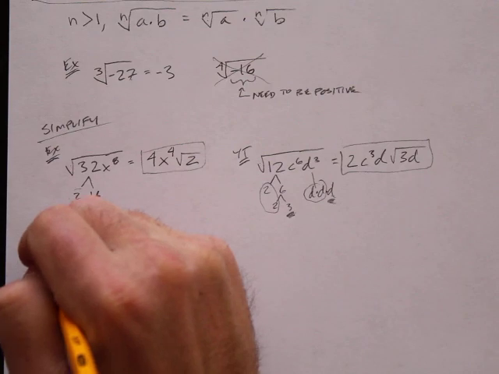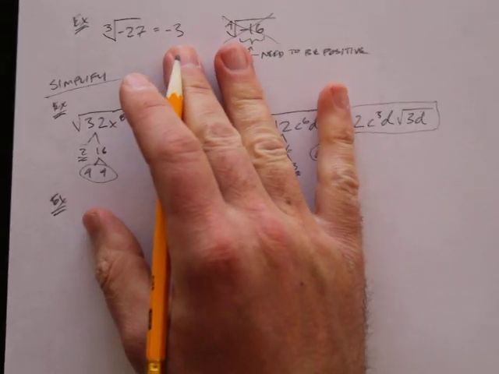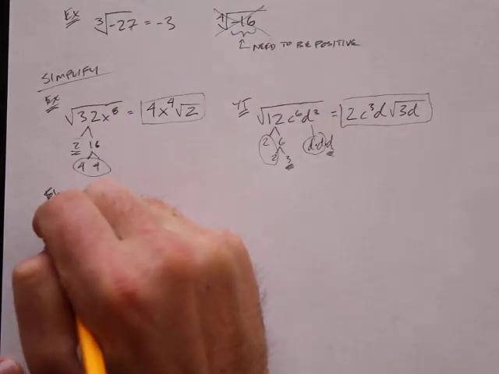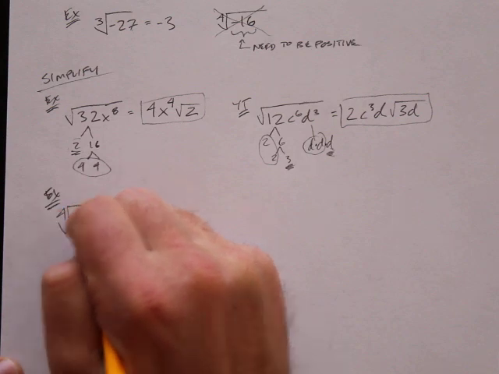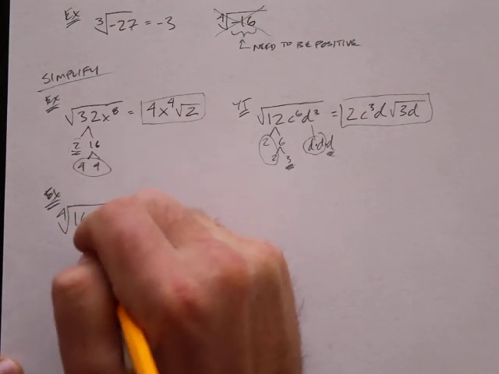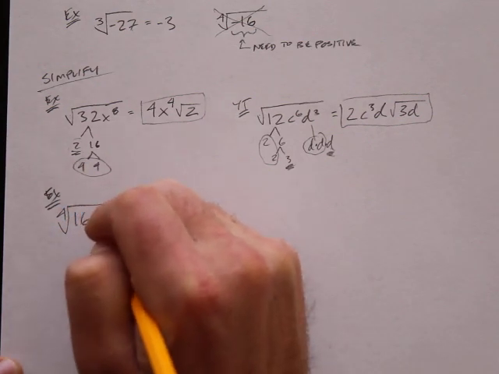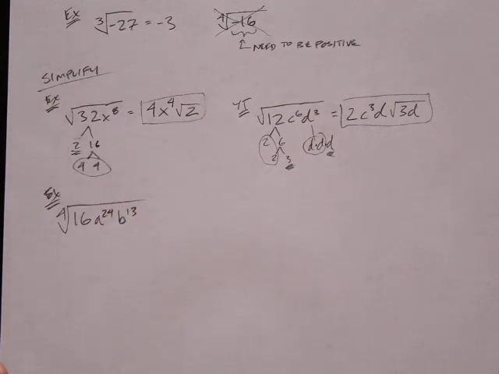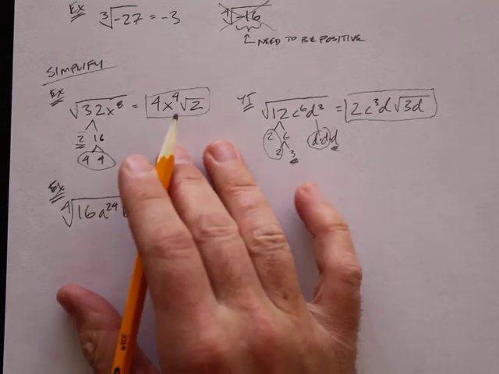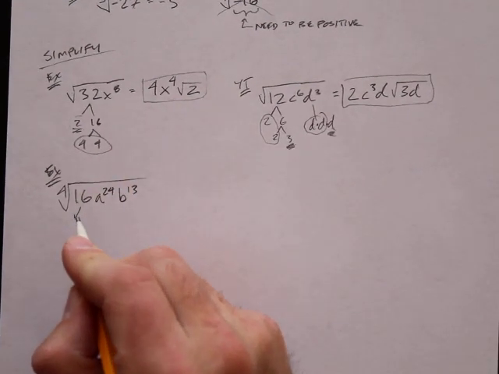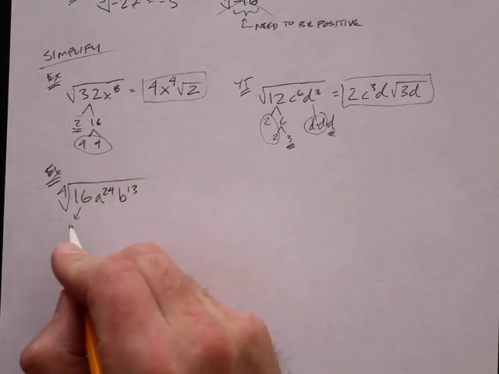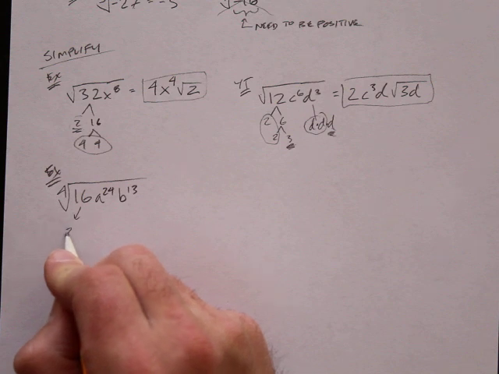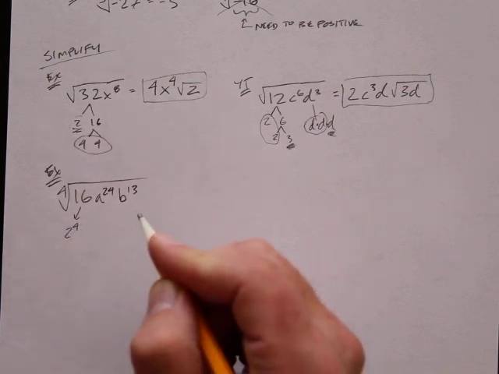All right, let's do another example. I've got the 4th root of 16, a to the 24th, b to the 13th. All right, so 16 is 2 times 2 times 2 times 2. So that's 2 to the 4th power.